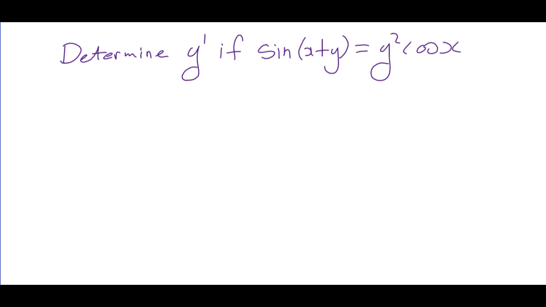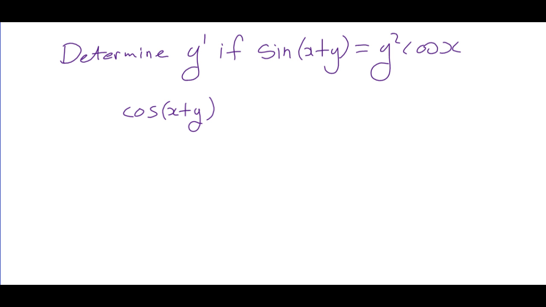So we can't express this as y equals. Not at all. There's no way. You can't write that as y equals. So we have to differentiate implicitly, right? So that means we take the derivative with respect to x of both sides.